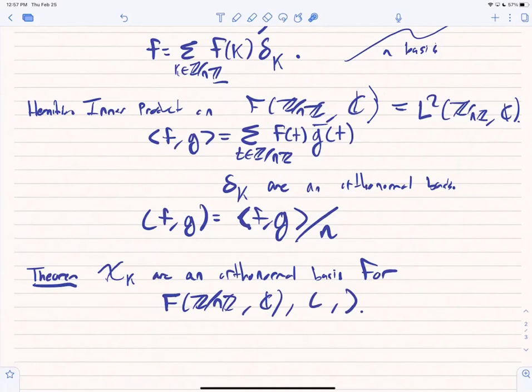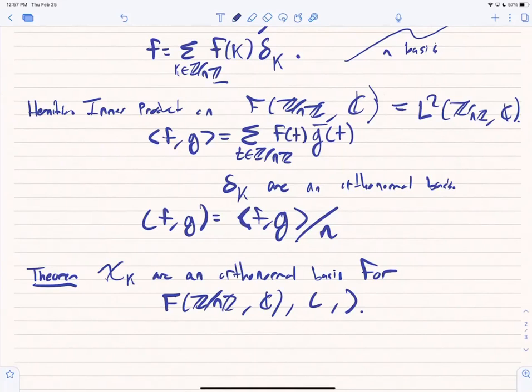Taking the sum and dividing by n is the normalized Haar measure. Another way to say this is that it is the probability measure on this space. So the total space has measure 1 with respect to this measure, where you divide by n.